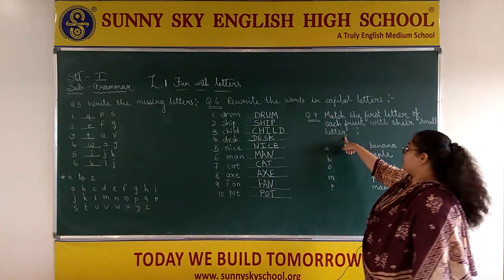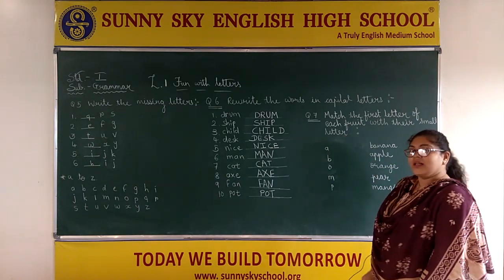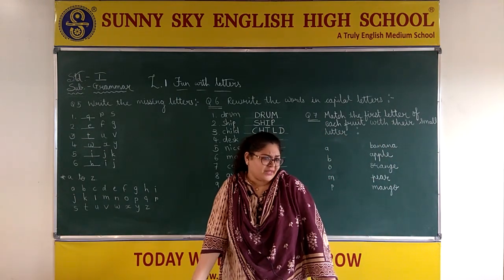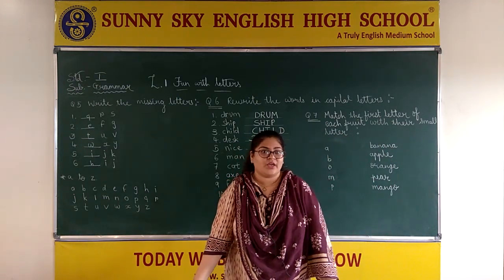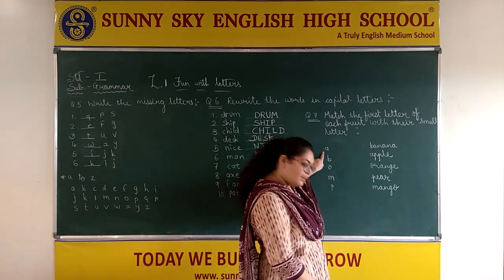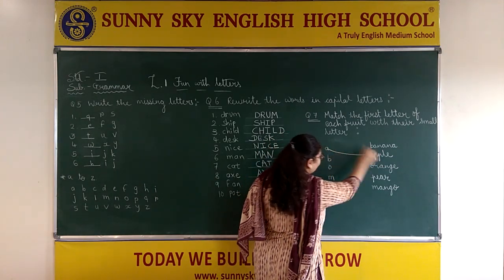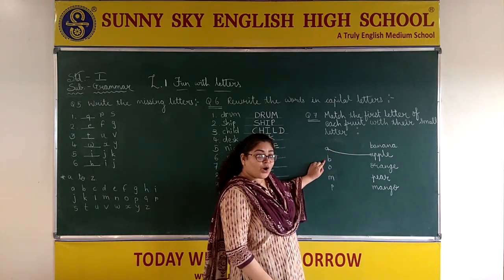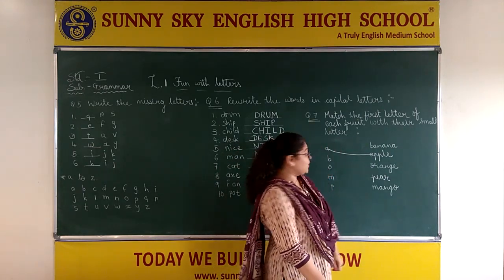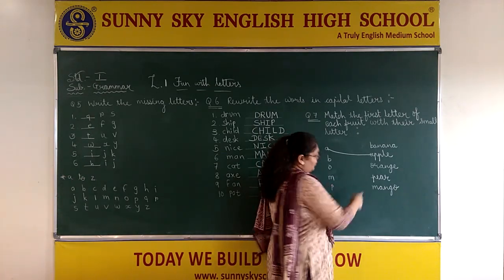Question number 7 is match the first letter of each fruit with their small letter. So here you all know A for apple, B for banana. Same way we have to do A for apple. So we will join A with apple. Now B for, yes, which fruit starts with B? Orange? No. Mango?